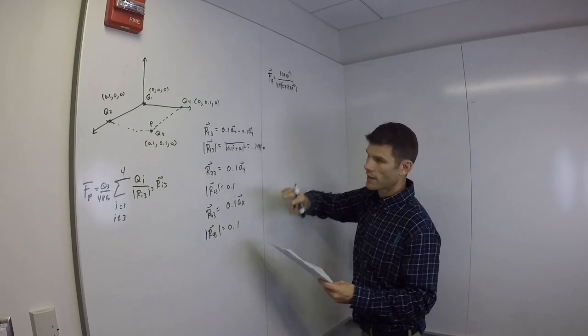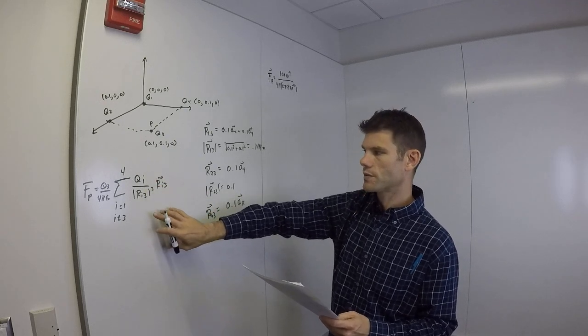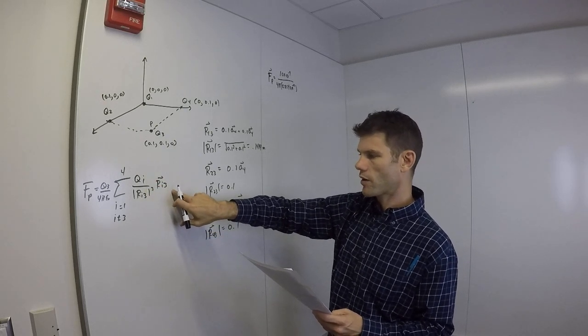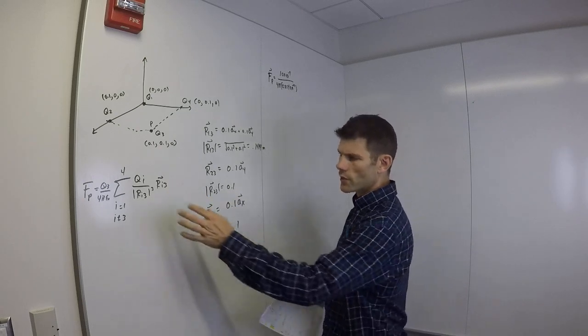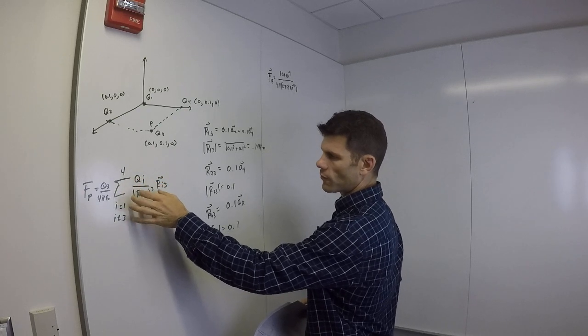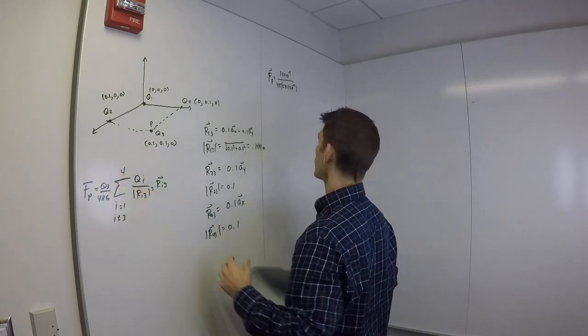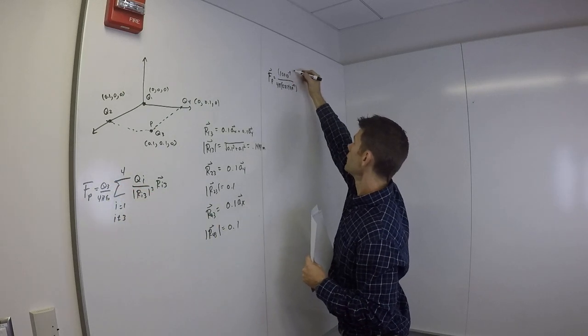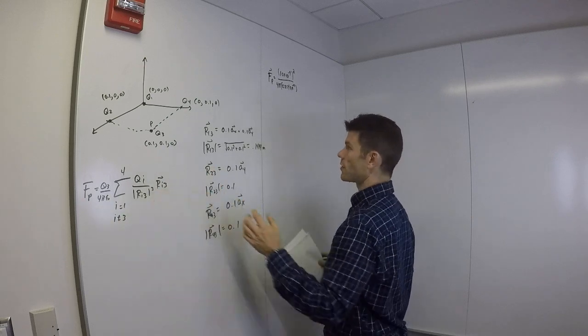And then we're simply going to add each one of these Q's times the Ri3 vector divided by the magnitude cubed. But for Q1, Q2, Q3, and Q4, it's always the same, 10 nanocoulombs. So we can just pull that term out and square it, and then we're just summing up the vectors.